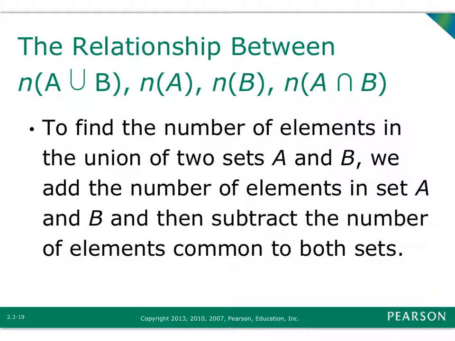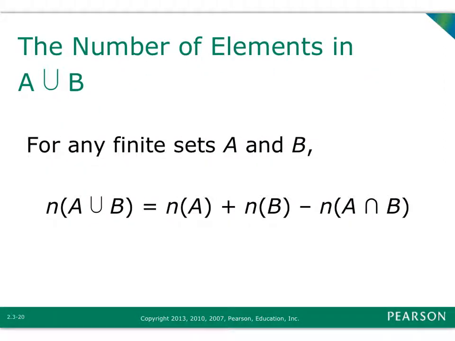So to find the number of elements in the union of two sets, A and B, we add the number of elements in set A and in set B, and then subtract the number of elements common to both sets. That is, for any finite sets A and B, the number of elements in A union B is equal to the number of elements in A plus the number of elements in B minus the number of elements in A intersection B.